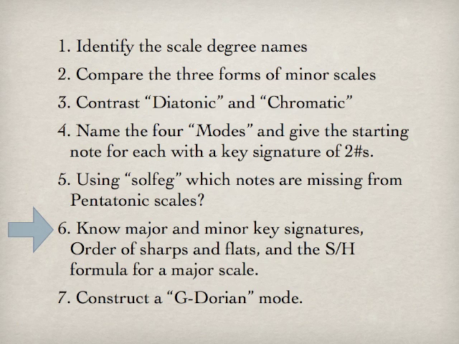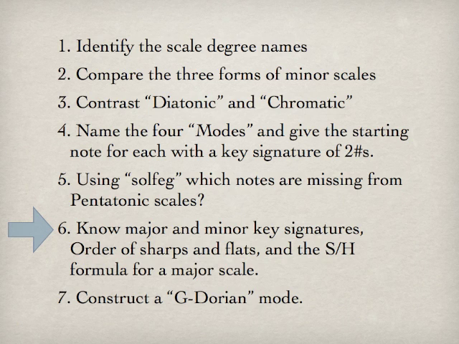Here are some sample questions from the type of thing that you'll find on the test. And notice the one that I have the big arrow at, you need to know your major and minor key signatures, the order of sharps and the order of flats, and the whole step, half step formula for a major scale.